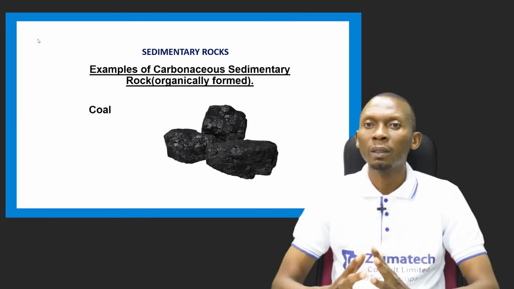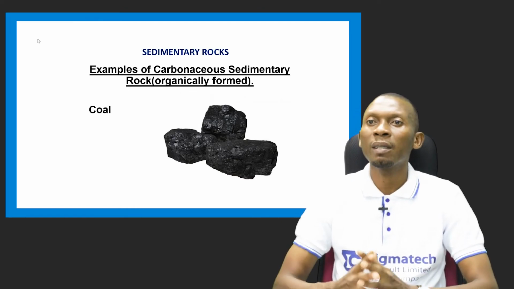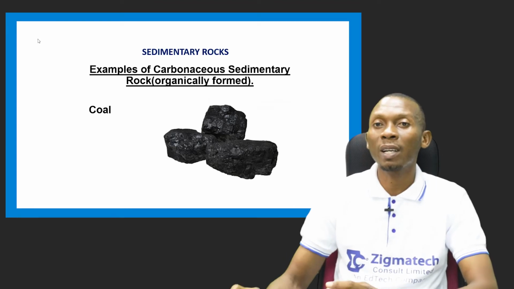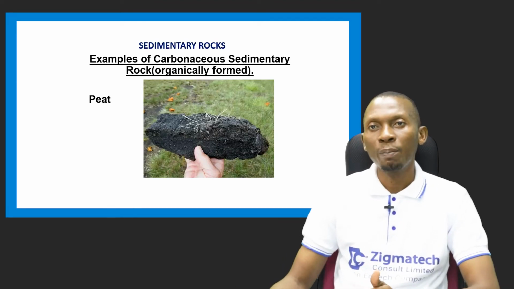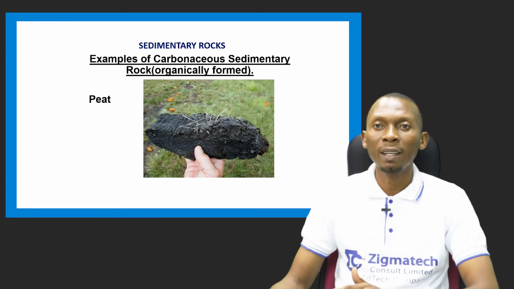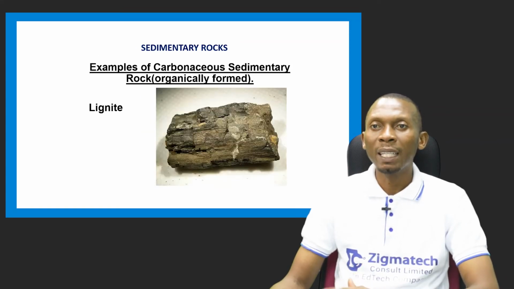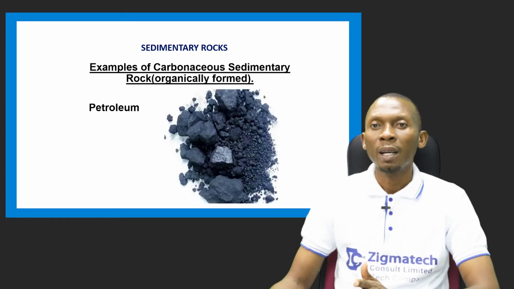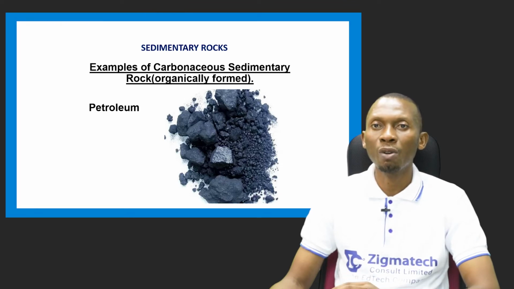Now this is coal, which is a carbonaceous sedimentary rock that is organically formed. Another picture is peat, a carbonaceous sedimentary rock, organically formed. This is a picture of lignite, also a carbonaceous sedimentary rock. And this is a picture of petroleum, also a carbonaceous sedimentary rock.